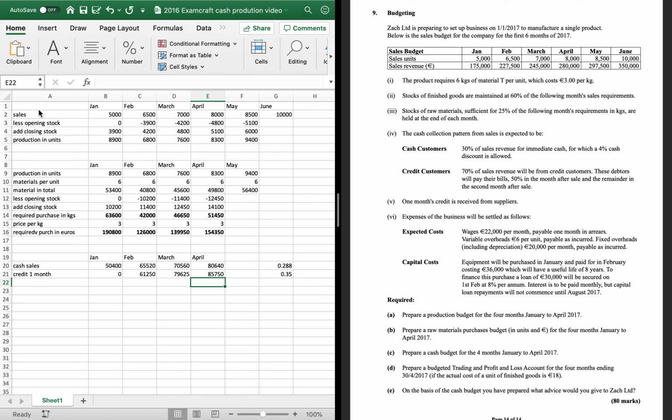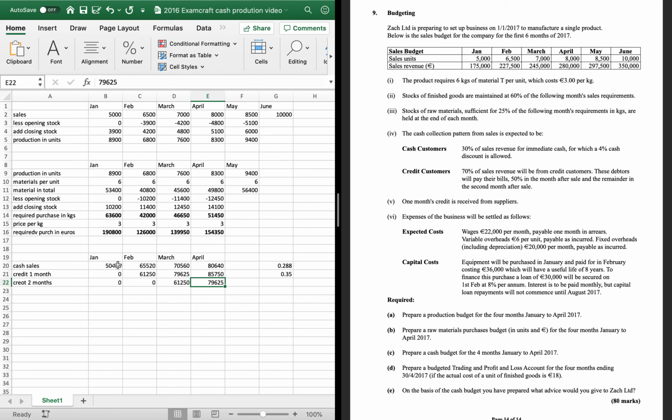Okay, the 2 months then, the remaining 35% gets collected. So January's isn't collected in January or February, it's collected in March. So 35%, same number, 61,250. And then February's gets collected in April, so it'll be the same as the 79,625.